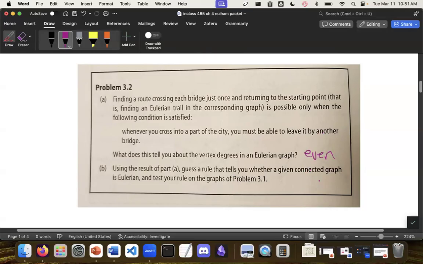And so then using that, I think this seems to follow immediately. But what's the rule that on a given graph is Eulerian?